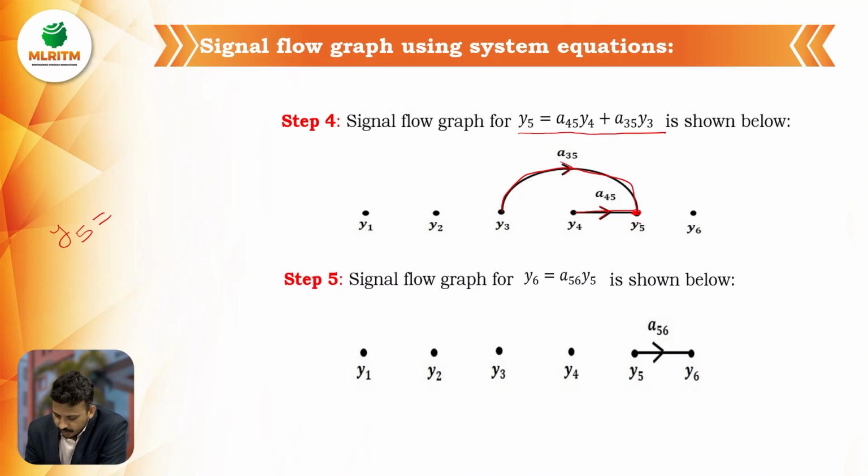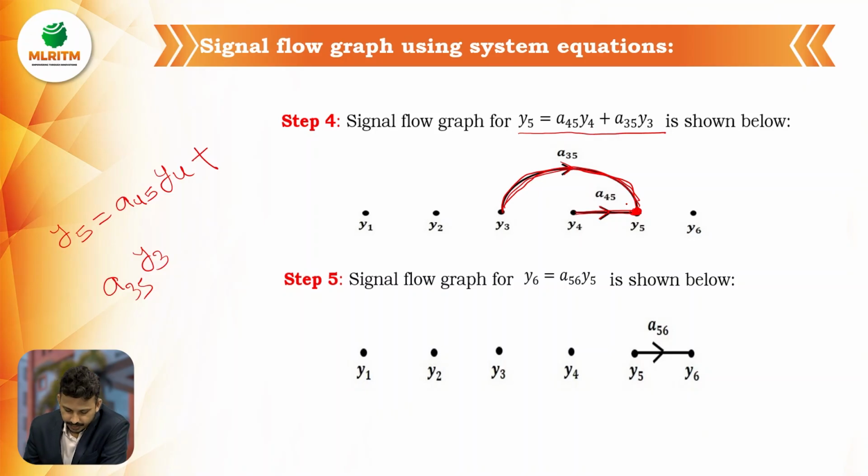Okay, so y5 is equal to the gain product a45 into y4 plus y3 into the forward path gain a35.